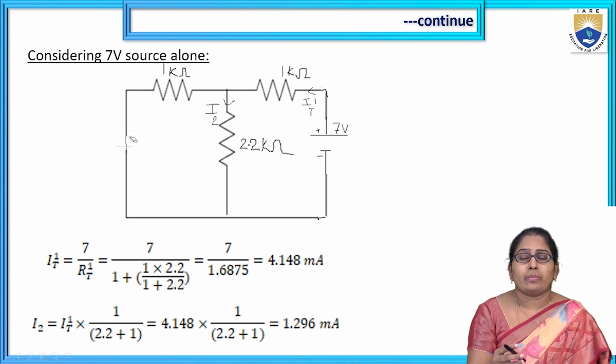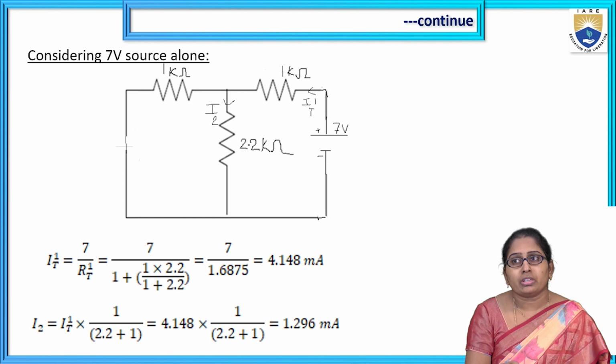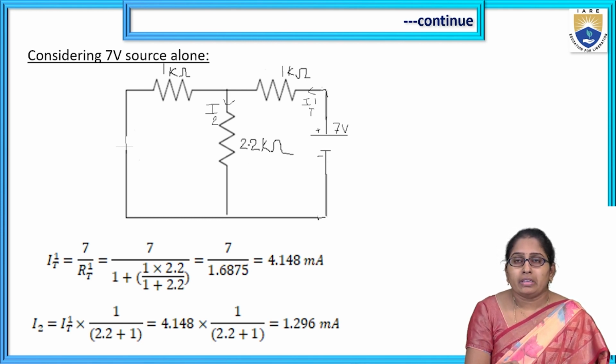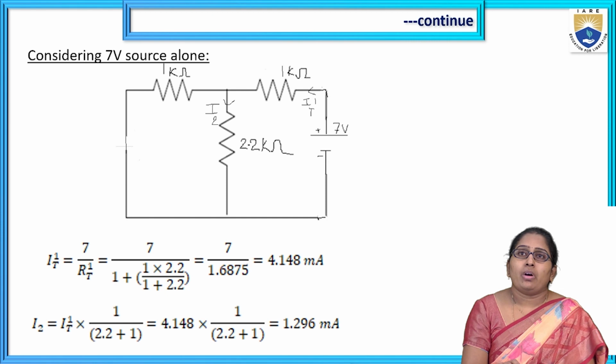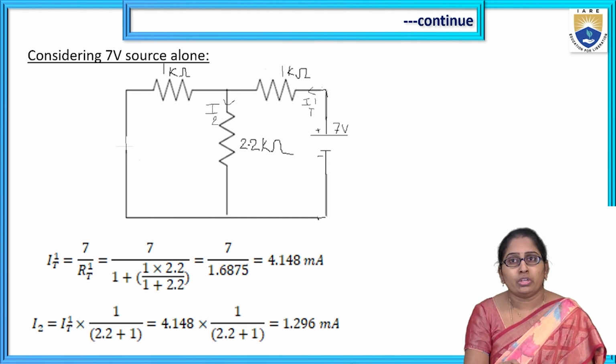Now the current in the 2.2K with the second source, let us say, is I2. Now how to find this current I2 in the 2.2 kilo ohm resistor?